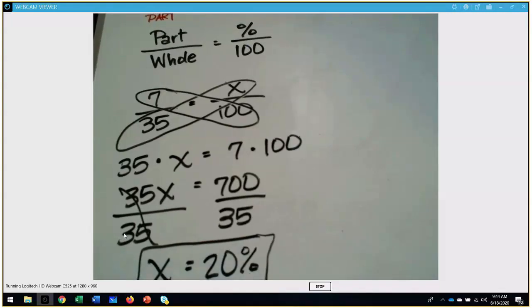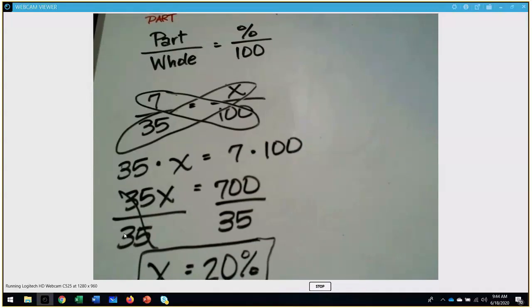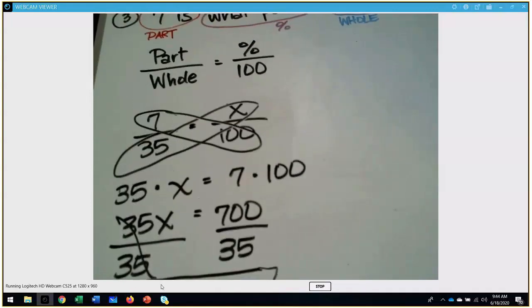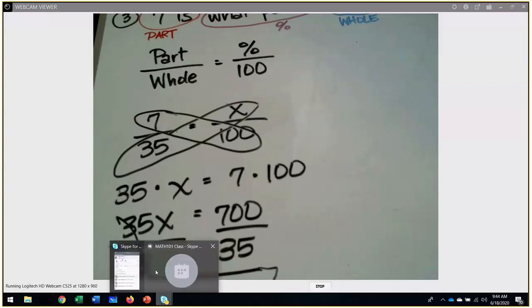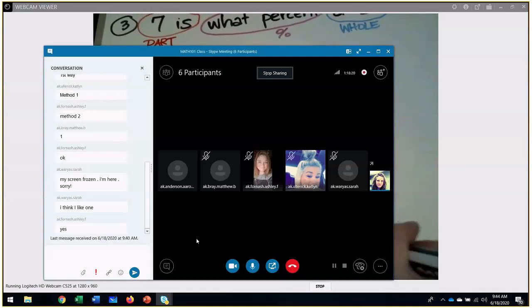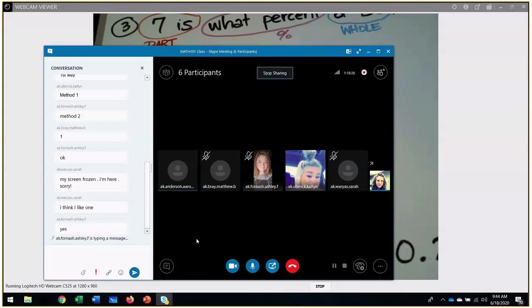It's a label and it's important. If you're doing method 2, like Ashley is, you will get something that comes out to be 0.2 when you plug it in. Did you get that? Yes, I did it that way too.